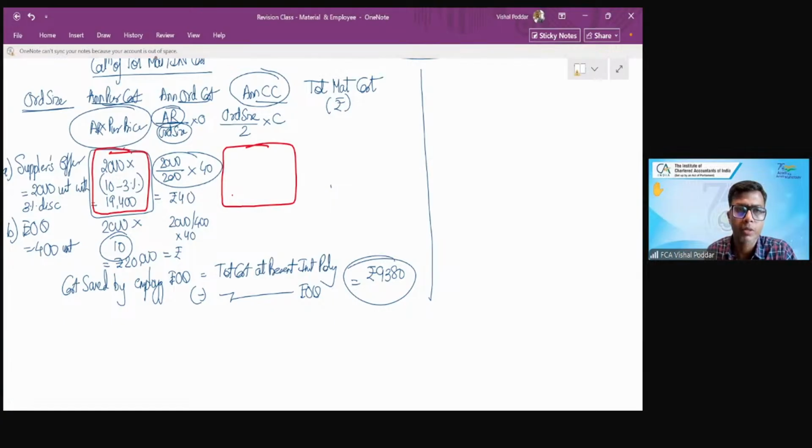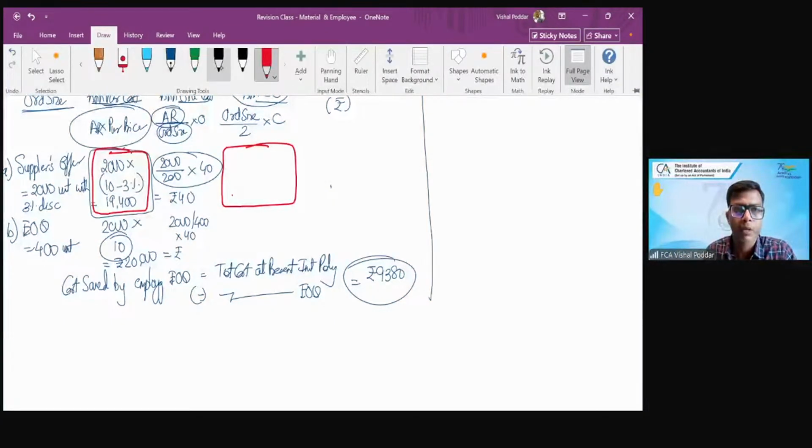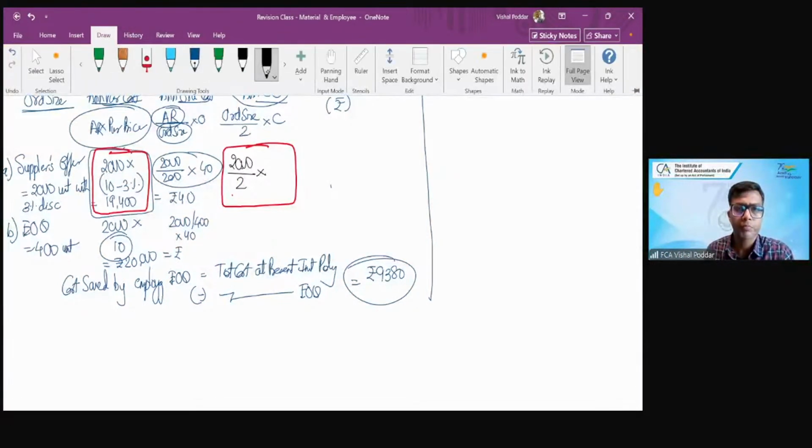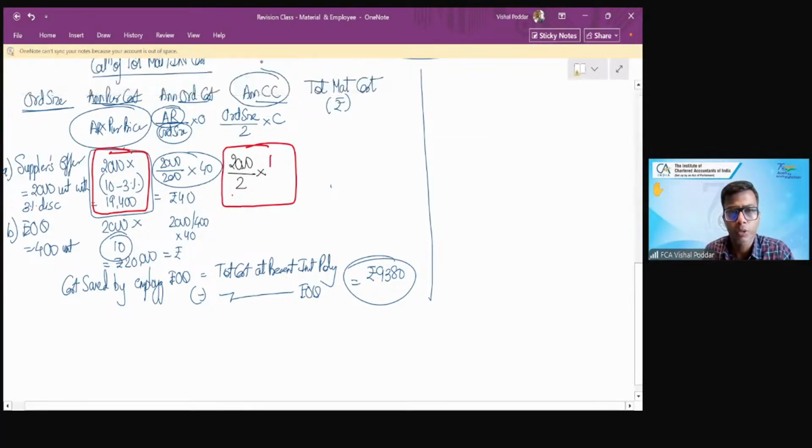Our formula is order size upon 2 into C. When I'm saying order size, it is 2000 upon 2 into C. Now C is given as a percentage of price. Originally C was 10% of rupees 10. But now this 10 is getting reduced because of the discount.